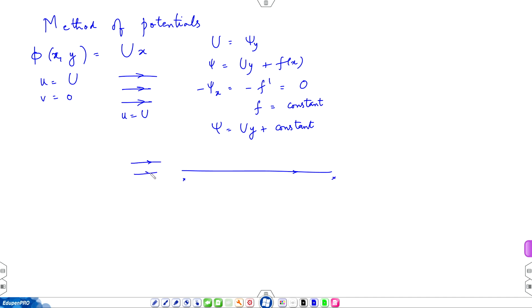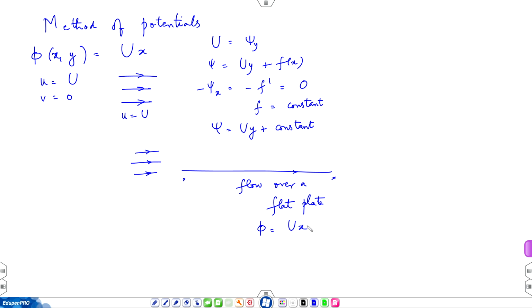So, you can say that flow over a flat plate is given by the velocity potential phi equal to U x.